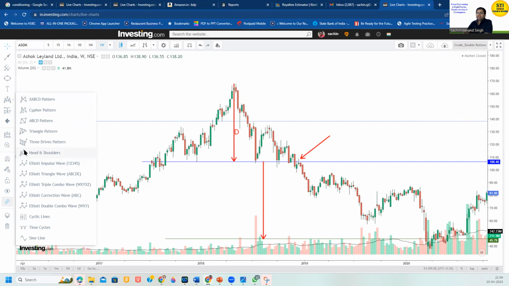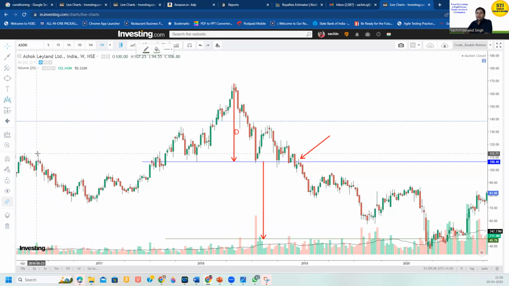The name is already there, head and shoulder formation. Now we are going to learn how to put this particular chart tool on the chart.